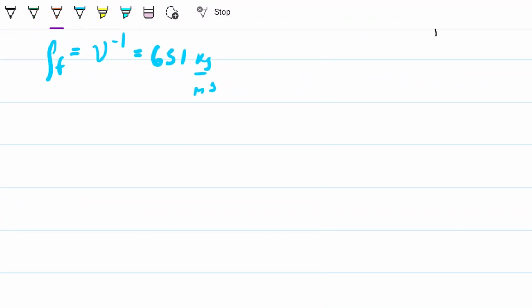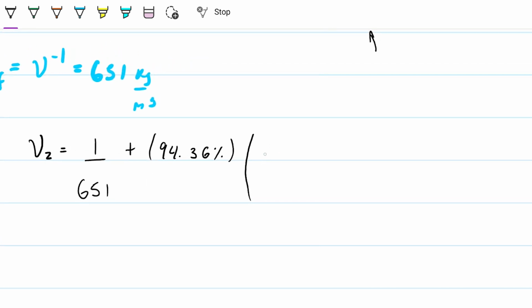Okay, so my specific volume for the state 2 will be a mixture. How can I do this? The inverse of this, so 1 over 651, which accounts for the liquid, plus the 94.36% times the difference between the two.